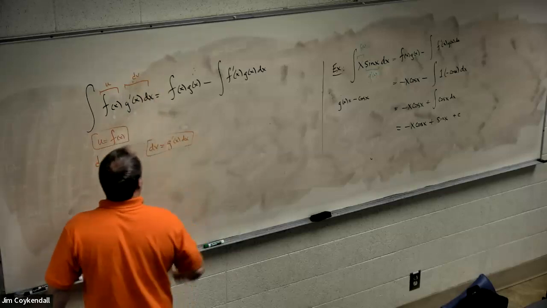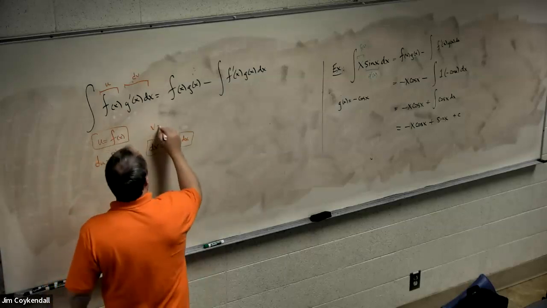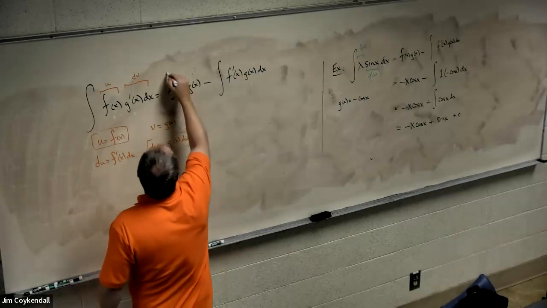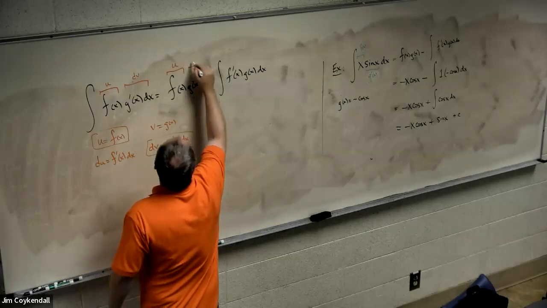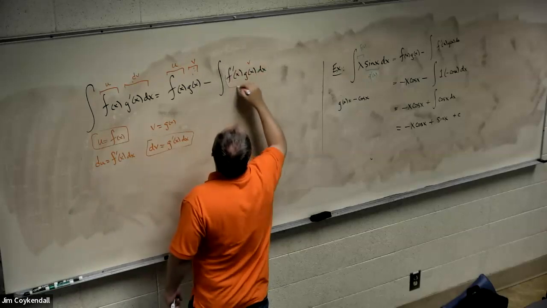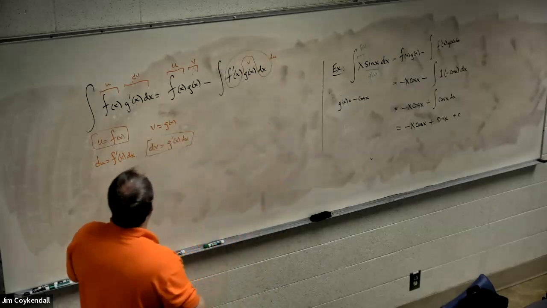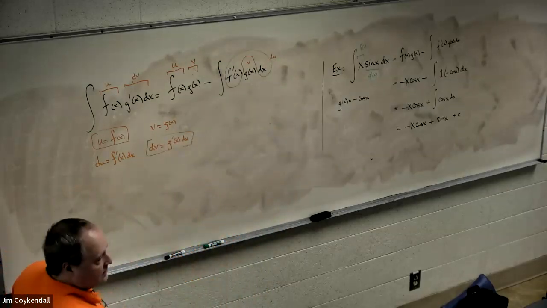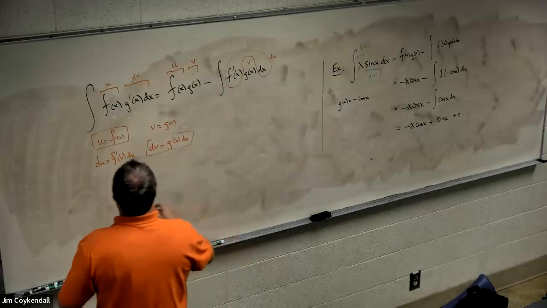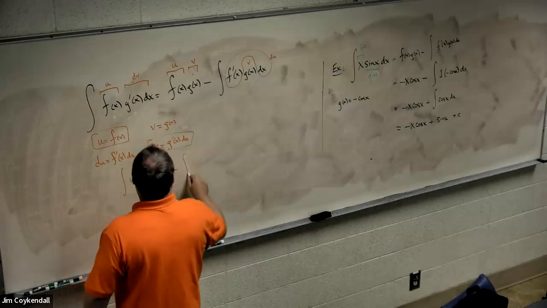Now fill in du by taking the derivative of this, and fill in v by taking the antiderivative of this. And the parts formula says this is u v minus the integral of v du. So sometimes you see it this way: u dv equals u v minus the integral of v du.